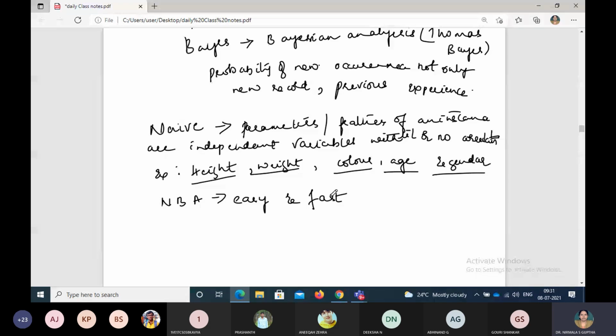It also performs well in multiple predictions, such as when the target class has multiple options beyond a yes or no classification, and naive-Bayes techniques can also perform well in the case of categorical input variables when compared with numeric variables. So this is about the words naive and Bayes.